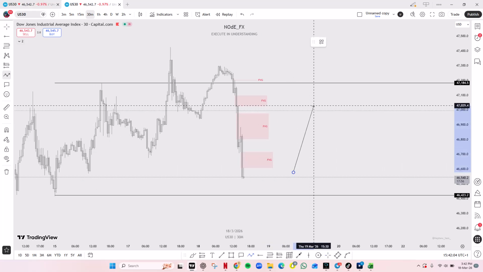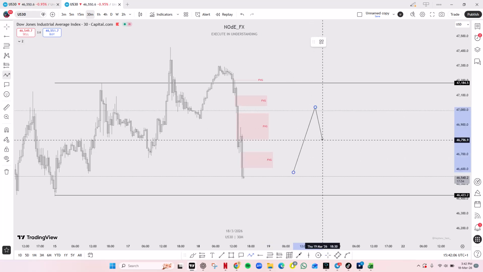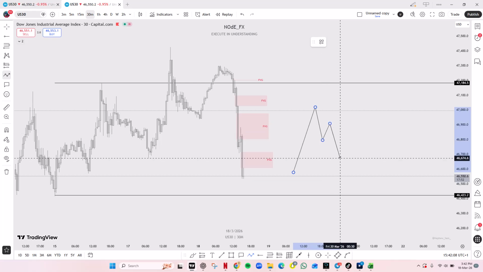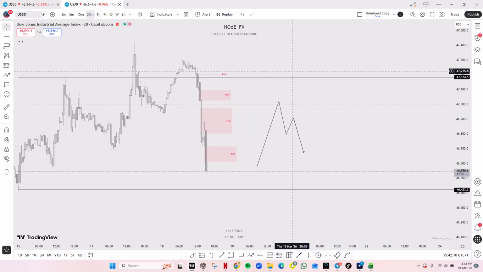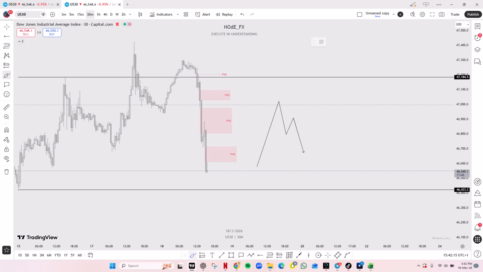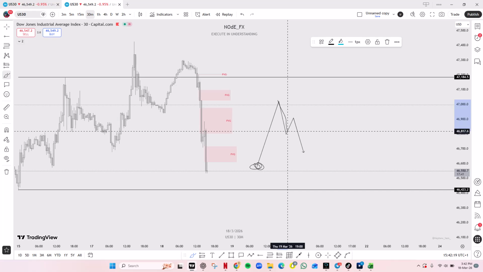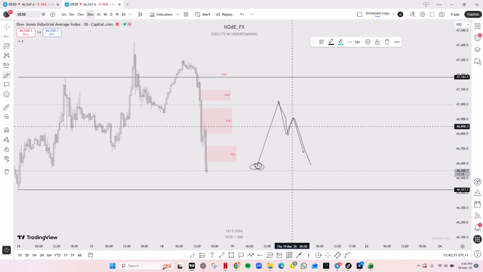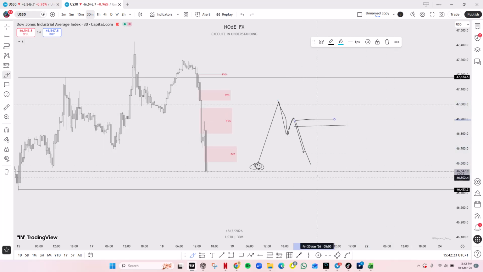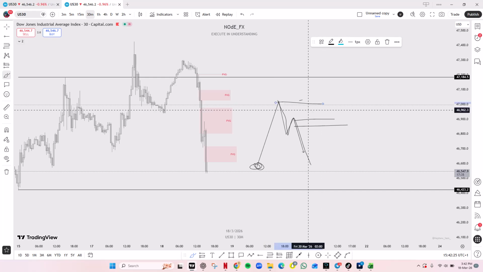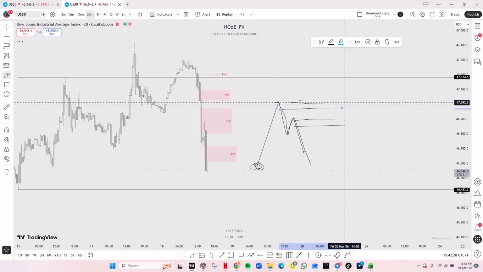I'm not sure if there's a terminology, but whenever you see price do this type of thing without taking out this low in particular, as long as price has done like this and it has broken structure, this here is not the valid supply, this is.